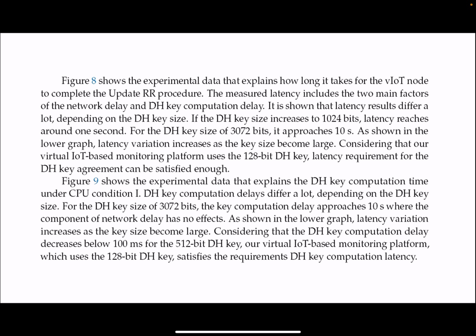For the DH key size of 3072 bits, the key computation delay approaches 10 seconds, where the component of network delay has no effect. As shown in the lower graph, latency variation increases as the size becomes large.